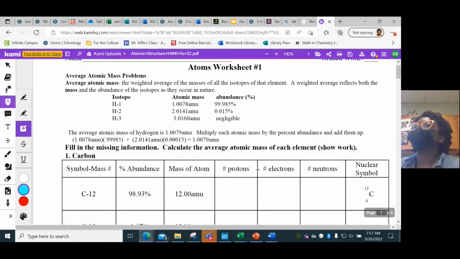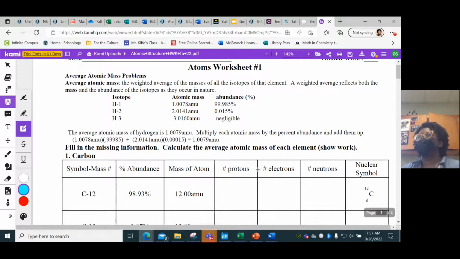That's not how it works in the real world, okay? When I say that the hydrogen 1 isotope has an abundance of 99.985%, that means that it is 99.985% more likely to show up in the naturally occurring world than the hydrogen 2 isotope.